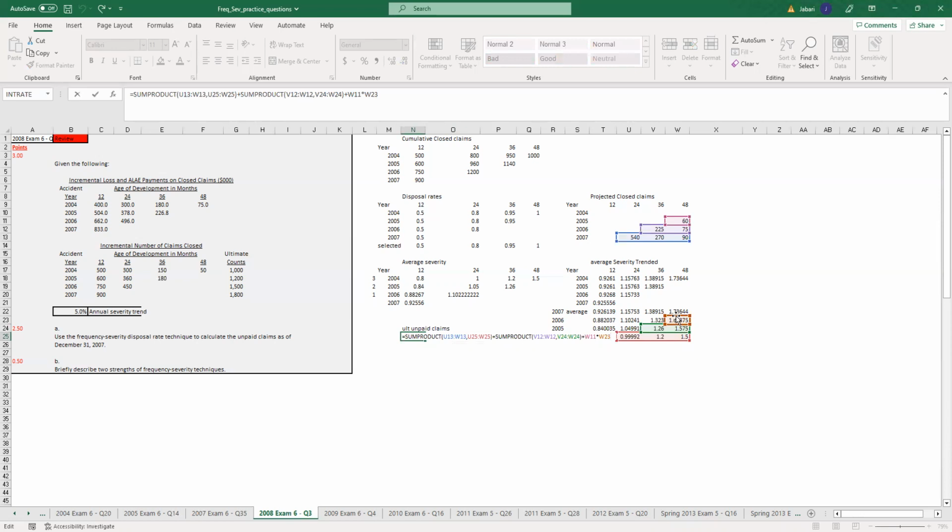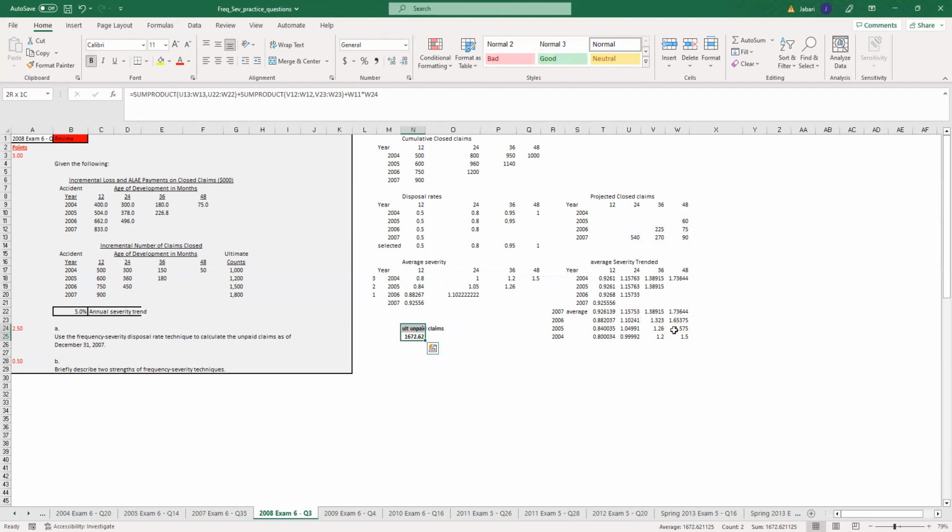Should be matching 2007. Yeah, 2007 should match 2007. 2006 should match 2006 and 2005 match 2005, and 2004 we have done. Okay, cool. So that'll be the answer to part A. And remember, thousands.